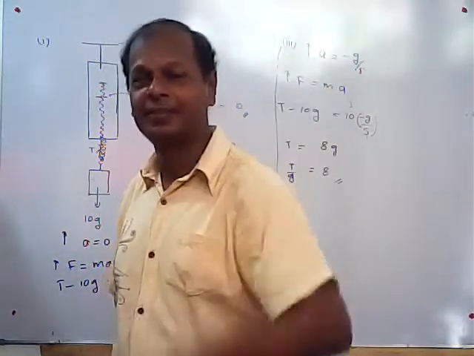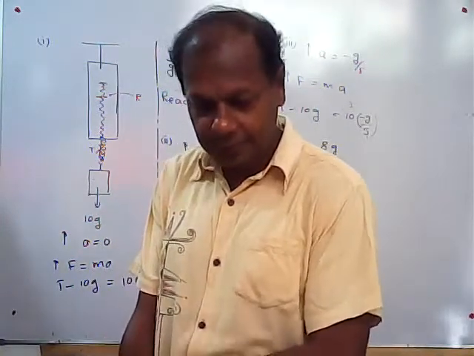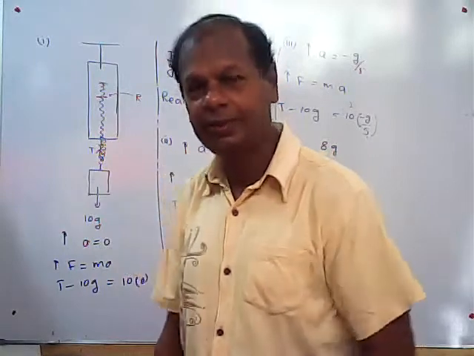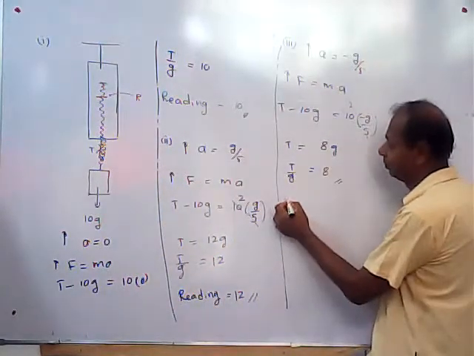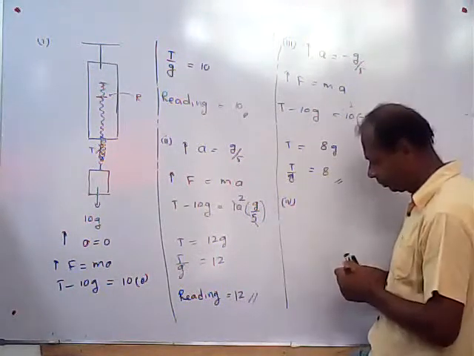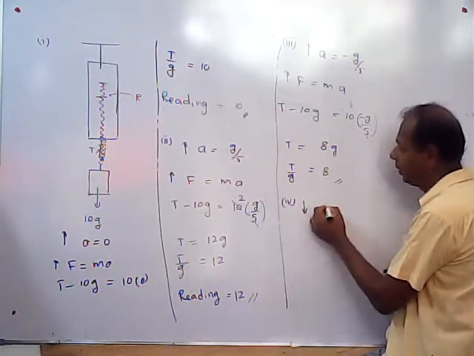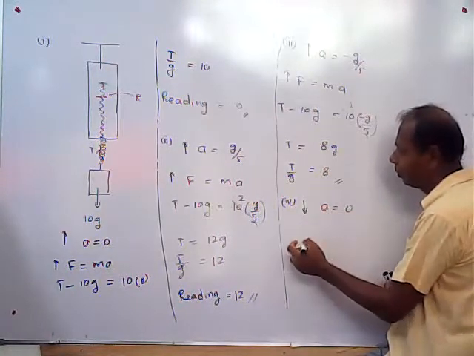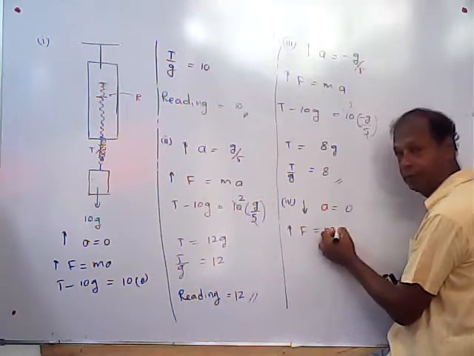Part 4, it's descending at uniform velocity, again the acceleration is 0. Apply F equals ma upwards for the object.